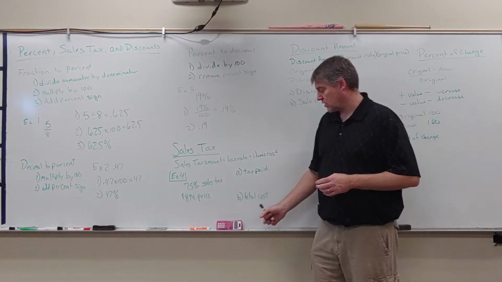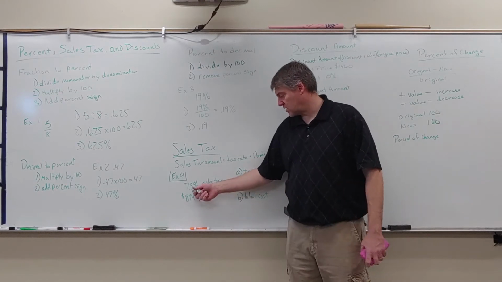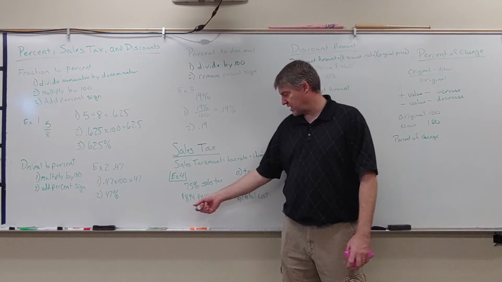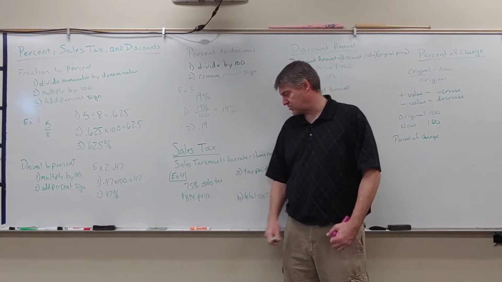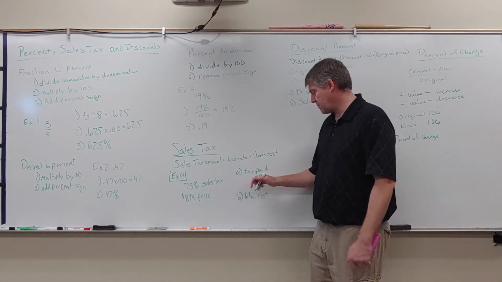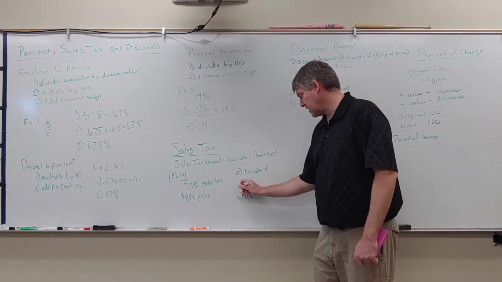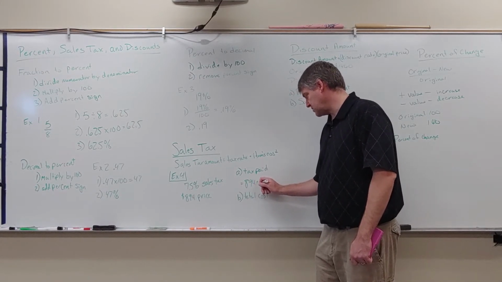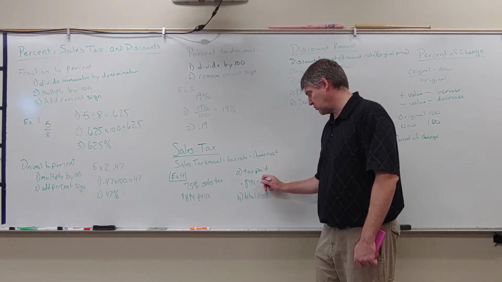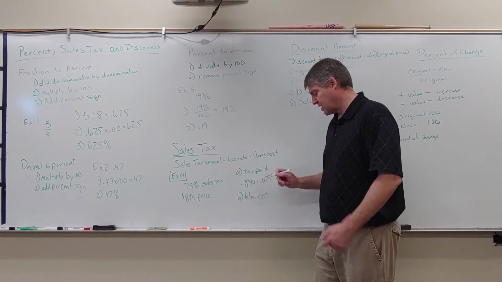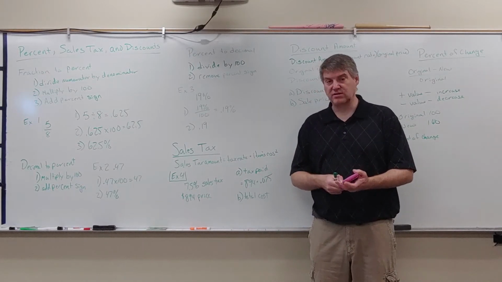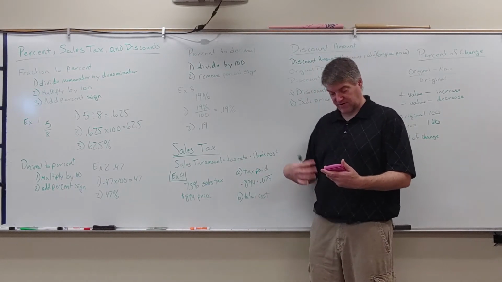Okay? So if my sales tax was 7.5% and my price was $894, the way I'm going to find my tax paid is $894 times, and I'm going to convert this to a decimal, 0.075. A lot of your calculators actually have a percent button, so you could just put it in as 7.5%.